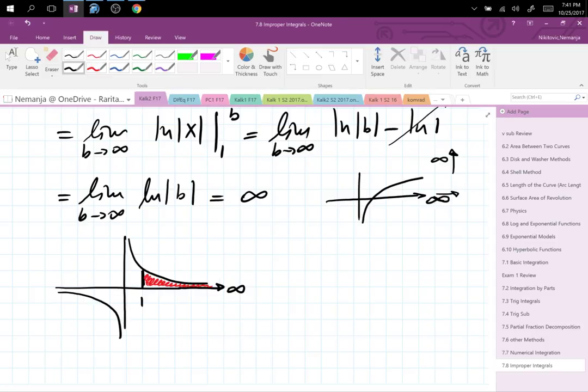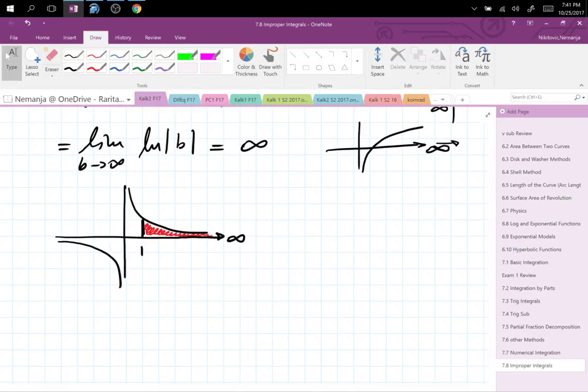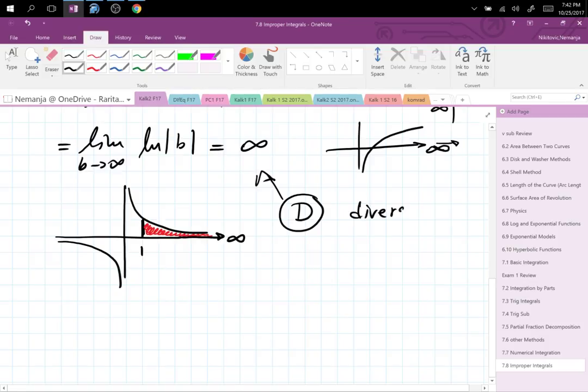So maybe you expected it to, what we say, diverge, which means go to infinity. We'll say it like this: diverges. I put D in a circle.